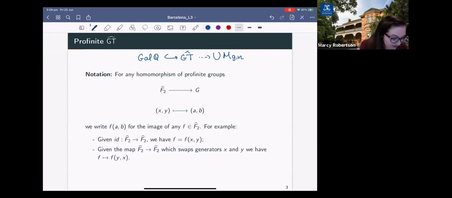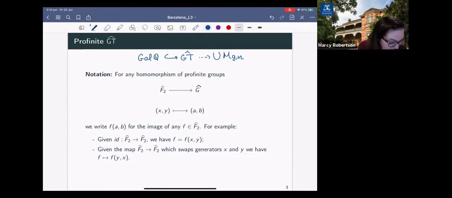Just some notation. So given a homomorphism of profinite groups, so I guess I'm missing a little hat here, where I map the generators of F2, so the x and the y, to two generators of G, so a and b, we're just going to write f of a, b for the image of this word f, but now in the letters a, b.